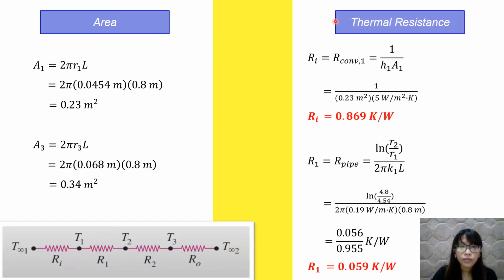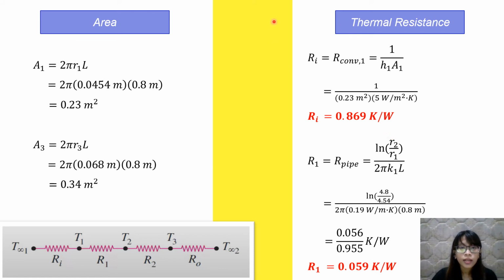And now is the thermal resistance. The formula for R input, which is the convection resistance, is 1 over h1 A1, and we just plug everything in. We got Ri is 0.869 Kelvin per watt.